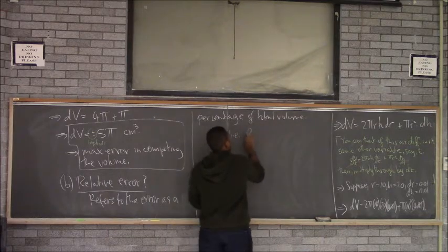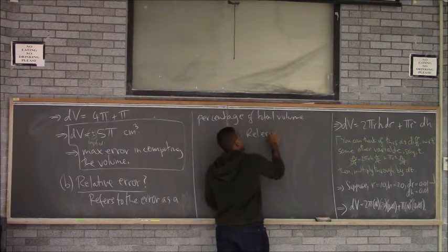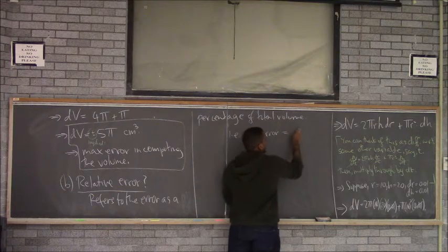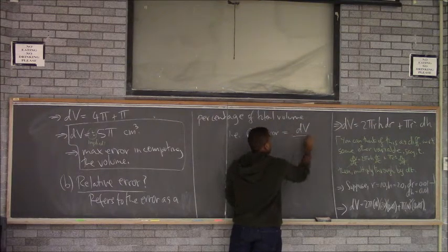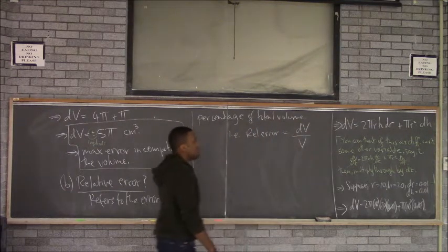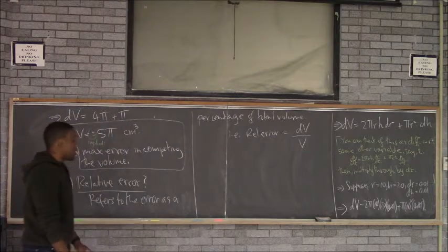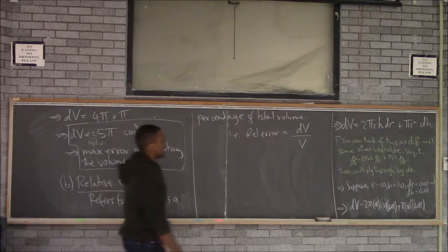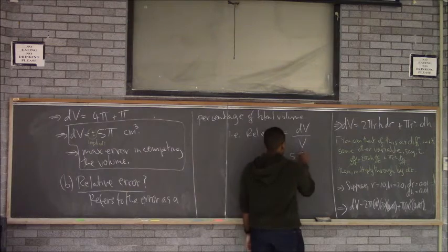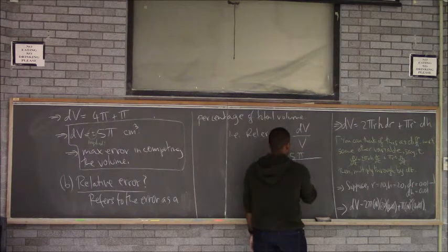I.e., your relative error here is going to be the possible change in volume over the volume itself. How much of the volume does this number represent? So that is going to be 5 pi divided by pi times r squared times h.